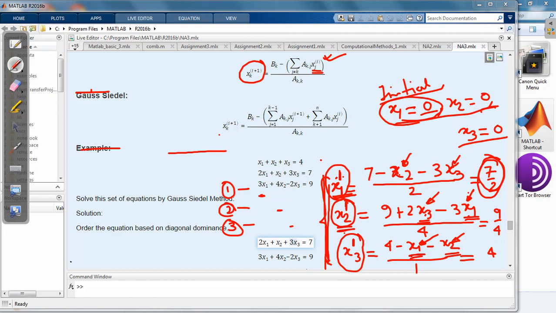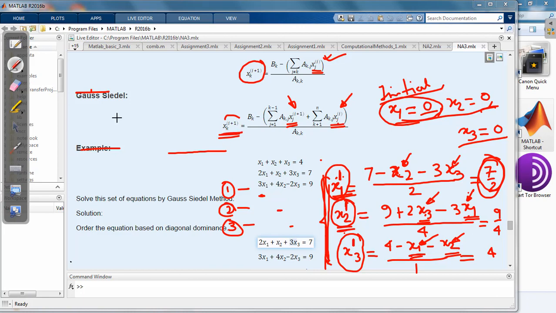But in case of the Gauss-Seidel method, when you are finding the values of xk in the (i+1)th iteration, you are using already calculated values of x in the same iteration, and for the values of x that you have not calculated yet, you are using the previous iteration values.